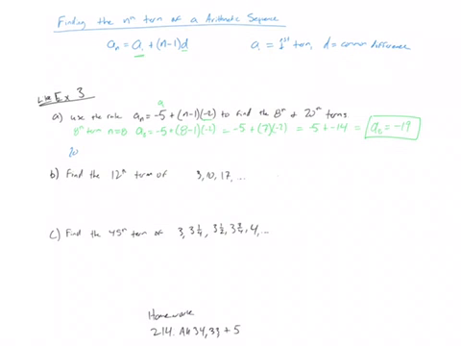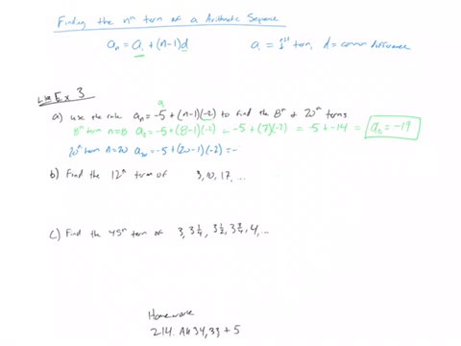For the 20th term, that means n is going to equal 20. So I'm going to look for a sub 20, is going to be negative 5, because that's my first term, plus 20 minus 1 times my common difference, which is negative 2.